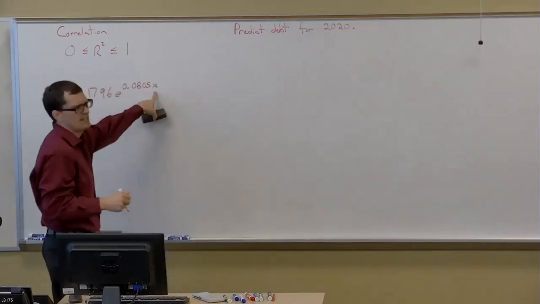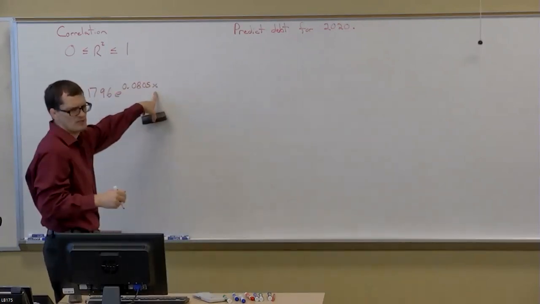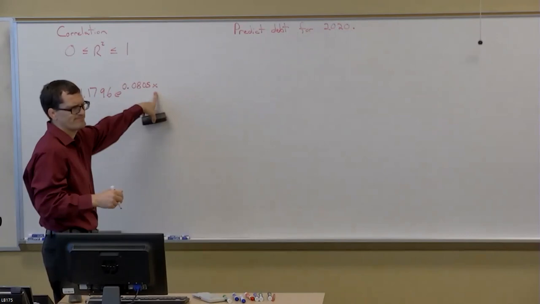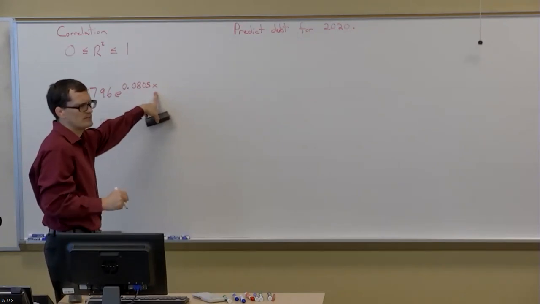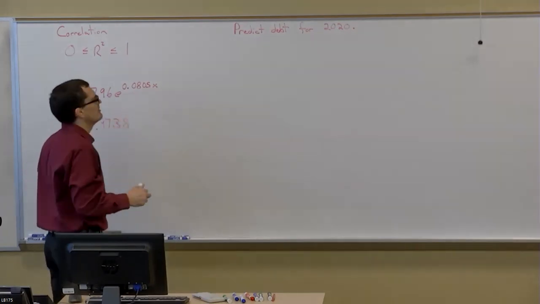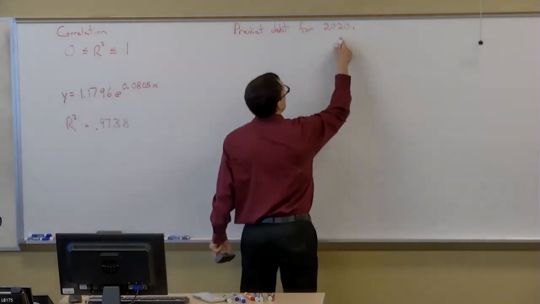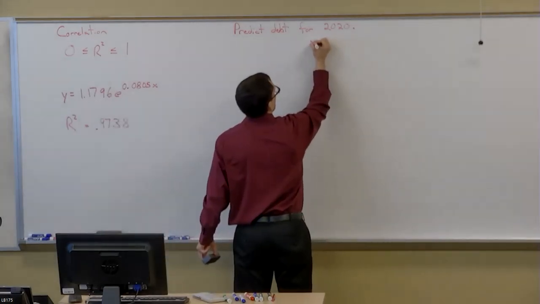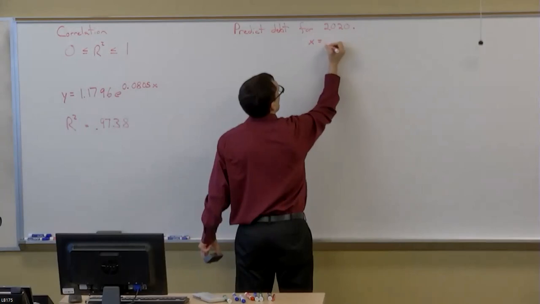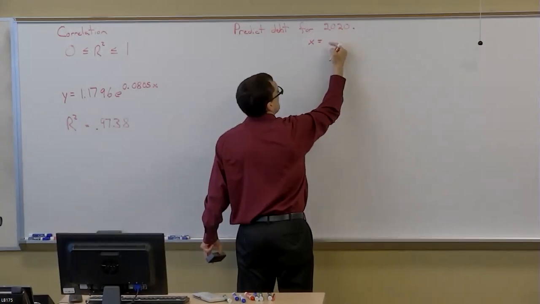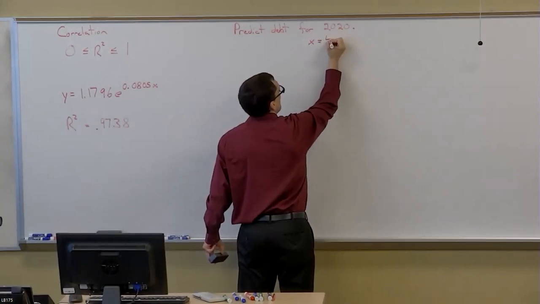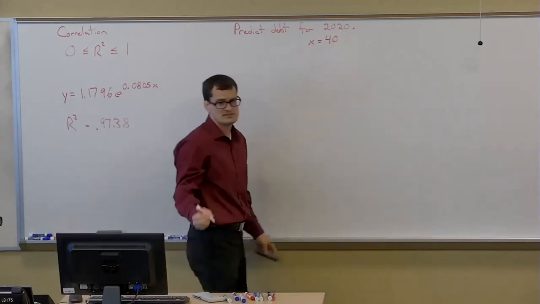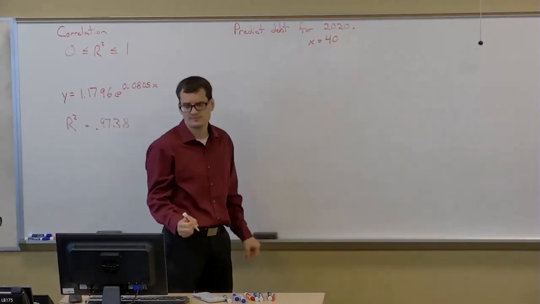In this case I used X, that's generally what Excel always gives me, X's and Y's. So since we're talking about years since 1980, if you go from 2020 down to 1980, that's 40 years. Does that make sense?